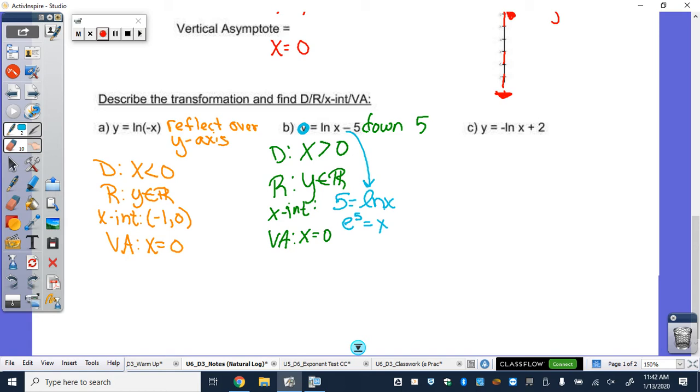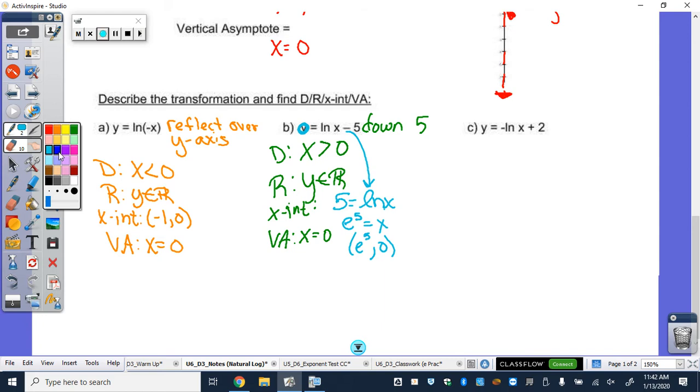So our x-intercept is going to be at e to the 5th. If we leave it as e to the 5th, which is perfectly fine, we refer to that as exact value because we haven't rounded a decimal or anything. Or if you did type it in, it's like 148 point something is where it would end up being. So sometimes finding it algebraically is going to be the way you want to go about it.